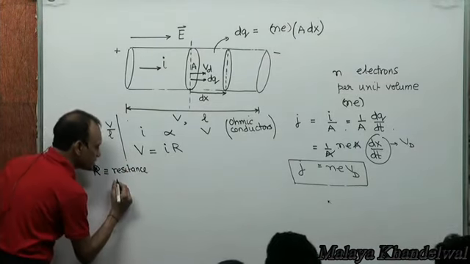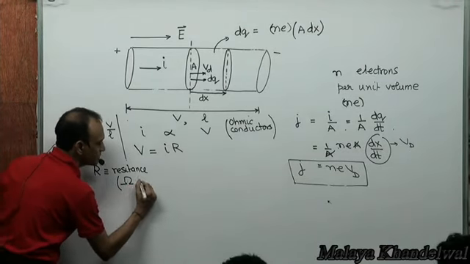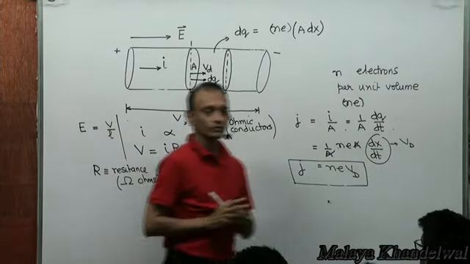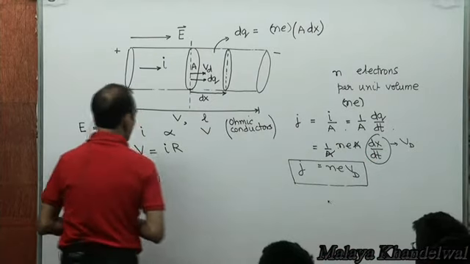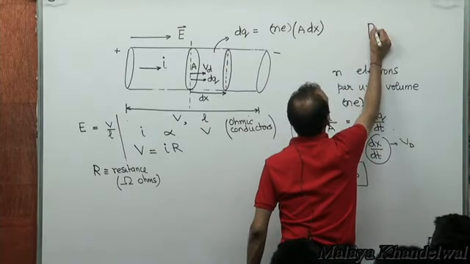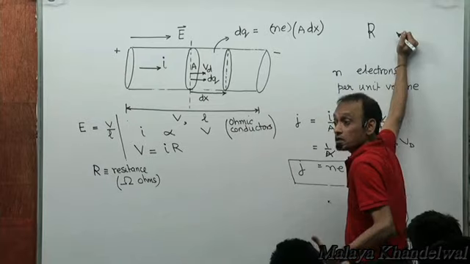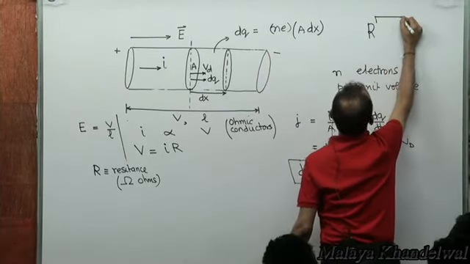And it is measured in SI units, ohms. This is the symbol, ohms. The value of R will depend on two things. The resistance of a conductor will depend on two things. This is my conductor. One, its geometry.